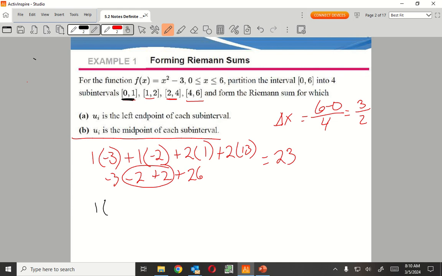So this is still going to be 1 as a width, but then I'm going to plug in the midpoint. What is the midpoint in between 1 and 0? 1/2 or 0.5, right? So I would plug that in as 1/2, times f of 1/2, plus.